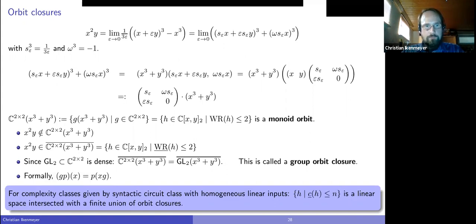And so this means now, if you have a complexity class, then the set where the border complexity is at most n is basically described by orbit closures. There's some slight subtlety, but you can always think of this as described by orbit closures. And the translation always works exactly in this fashion.